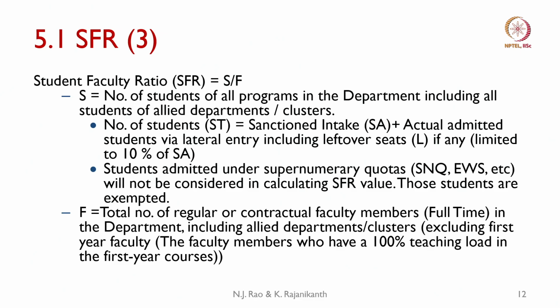Because we exclude faculty who have 100% teaching load in the first year. Probably a particular faculty member, let us say in the Department of Computer Science Engineering, is exclusively allocated for first year courses, then that member is not counted. If it is only fractional teaching, we do count them as fractional load.